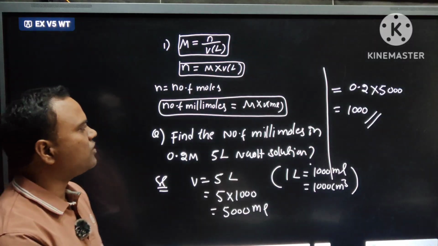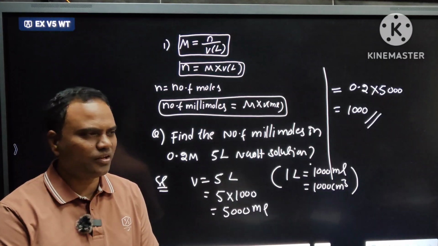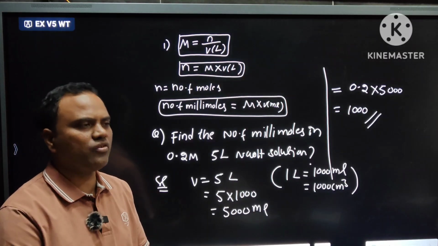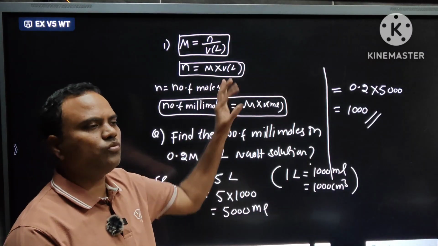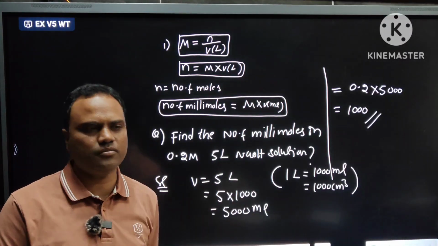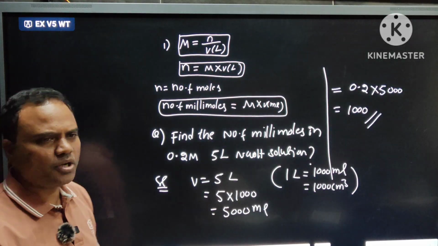So to calculate number of millimoles, multiply molarity with volume in ml. To get number of moles, multiply molarity with volume in liter. Number of moles to number of millimoles. Clear? Right. This is the first formula of molarity.